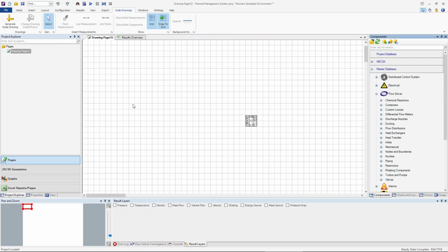Here on the left-hand side, we see a lot of the properties of the components and also the drawing pages, and on the bottom we see our flow solver convergence. On the right-hand side we have the options of different components, charts and lookup tables, and then solver settings. So Flownex really does give you quite a lot of options in designing a system.